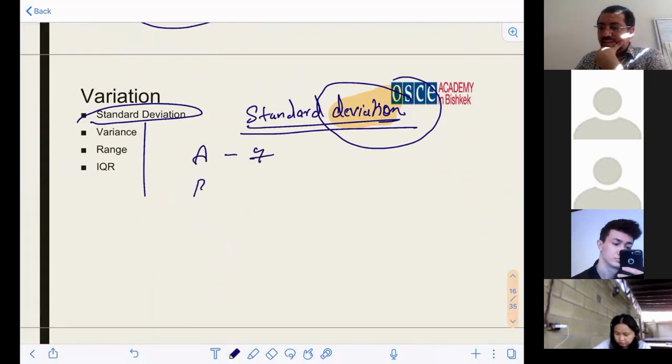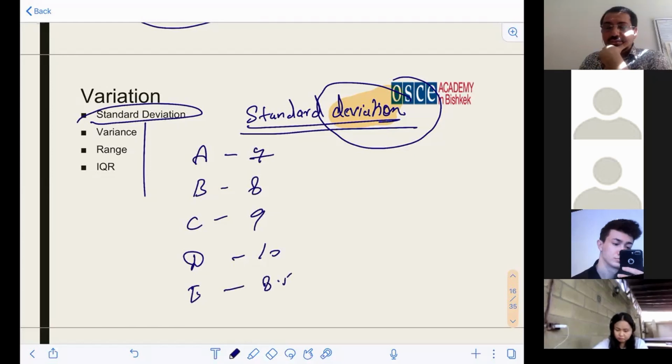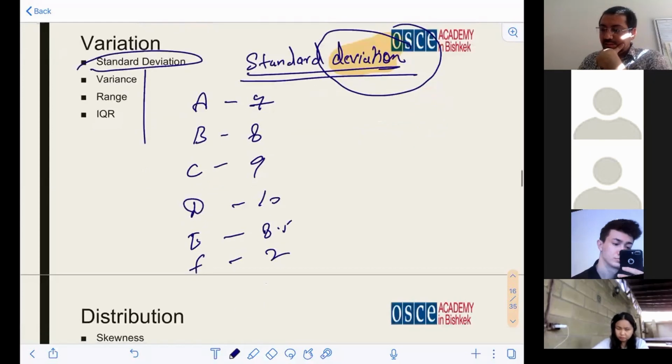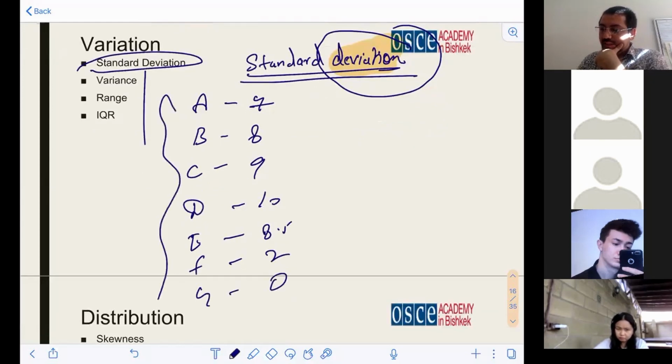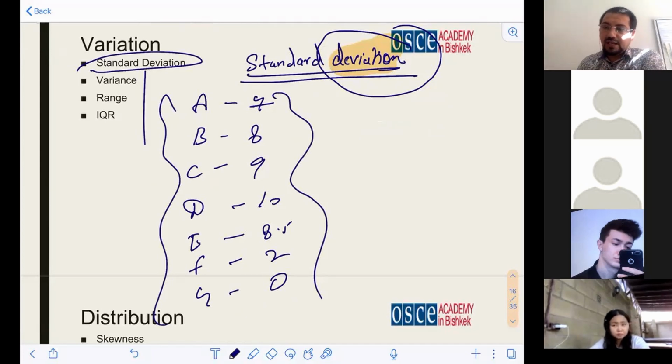B student got 8, C student got 9, D student got 10, and E student got, I don't know, 8.5. The other students: F got 2, G got 0. This is the scorecard of my statistics class out of 10.